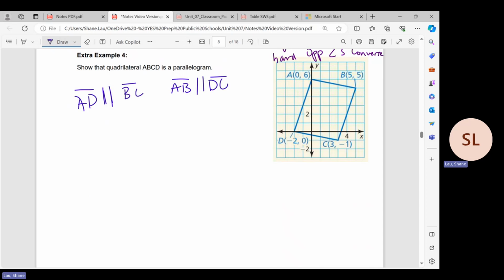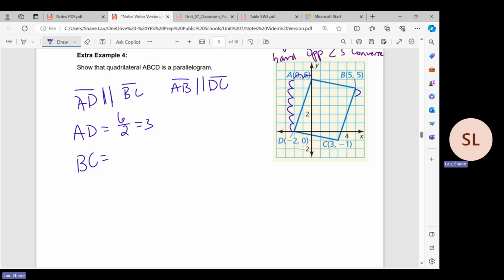And that is pretty easy. From there, just find our slopes. The slope of AD, I'm going to shorthand it a little bit: 1, 2, 3, 4, 5, 6, up 6 units, and then over 2 units, which reduces to 3, which means BC should also be 3.